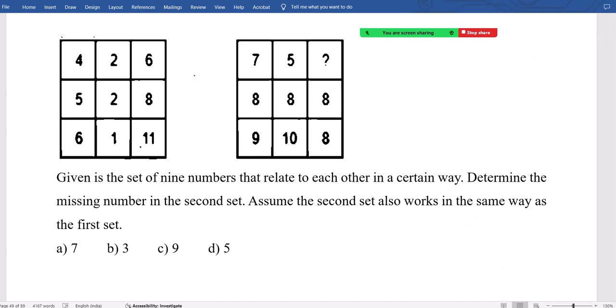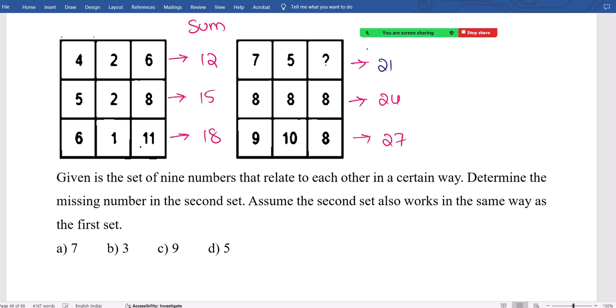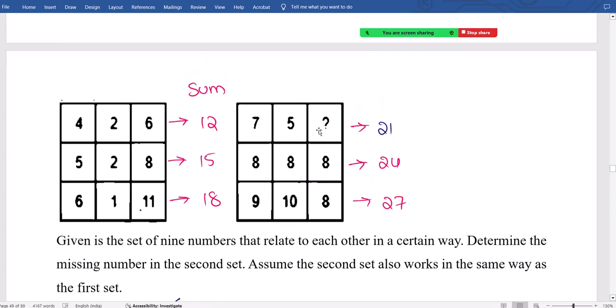There are multiple logics. One logic is summation. If you do sum of this, it's nothing but 12, 15, 18, 3, 3 increasing. Here this is 24, 27. This must be 21. If that is the case, answer must be 9. This is regarding sum.